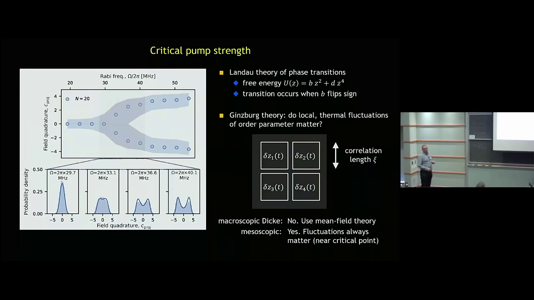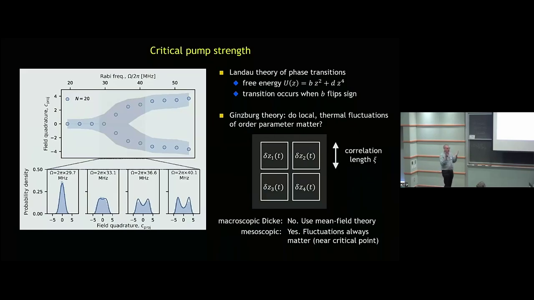And that leads to a prediction, if you recall your stat mech classes, of something called the critical dimension. Above the critical dimension, you can just consider the order parameter to be a mean valued object. But below the critical dimension, you have to keep thinking about fluctuations. The Dicke model is like an infinite dimensional system.